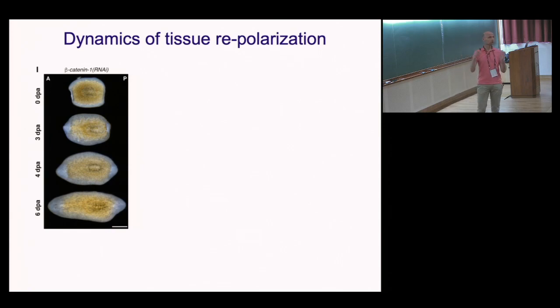So therefore, to document how we go from consistent orientation to bipolar polarity field, we simply did a time course experiment, where we took these pieces from beta-catenin RNAi animals at different time points, and we simply asked at what points and in which ways do we start to see the polarity reversal here at the rear end that normally should have made a tail, but now under this RNAi condition will make a head.